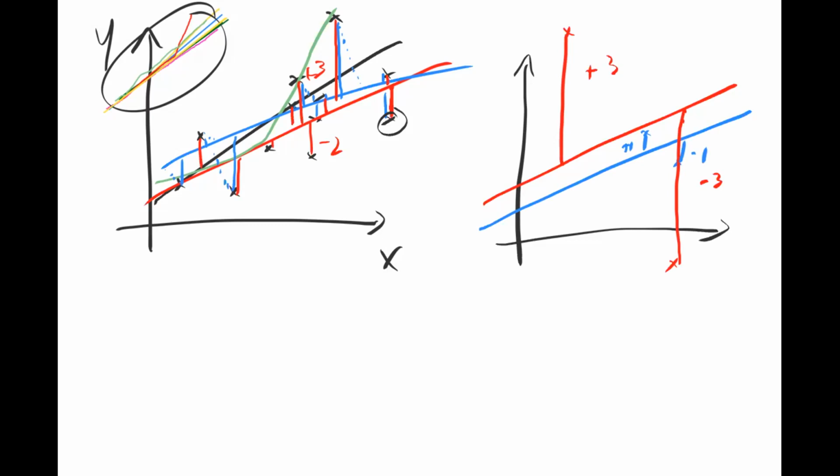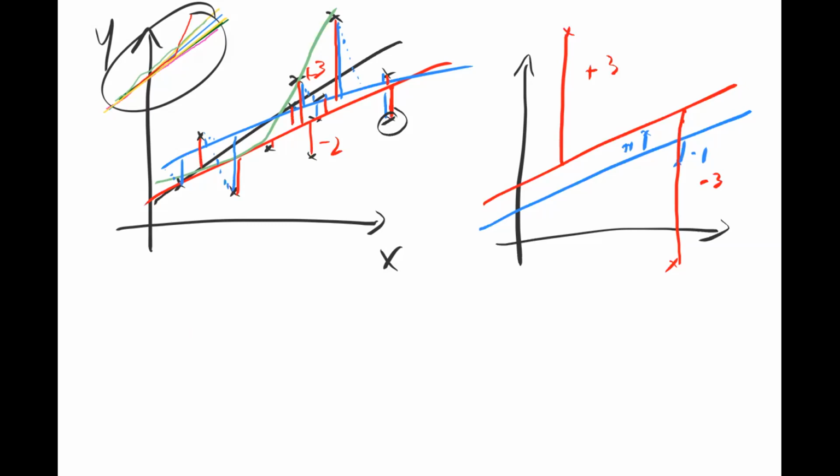And so the way that you deal with this, if folks are familiar with linear regression, is that we do the square of the difference. So just for notation's sake, let me change to black.